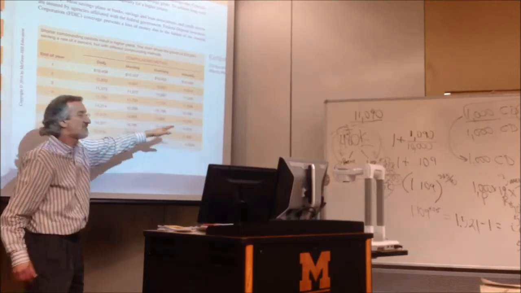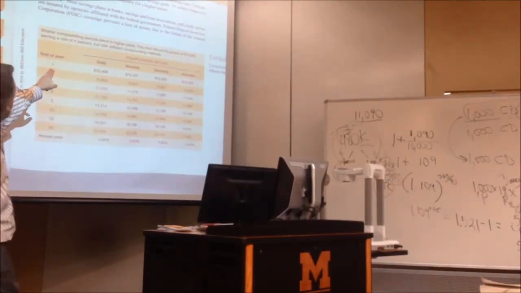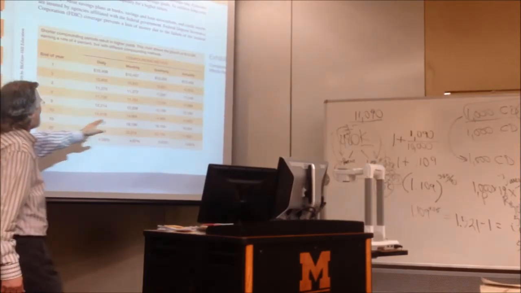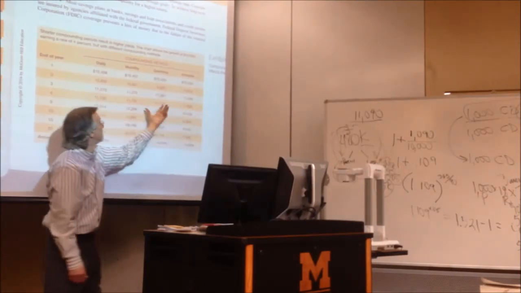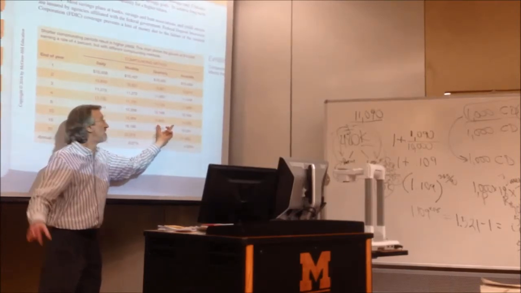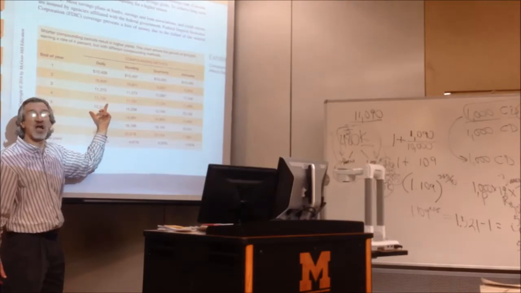Every one of these different investments are offering 4% interest, but there's 4 different compounding methods. This one compounds annually at the end of the year. This one compounds quarterly, every 3 months. This one compounds monthly, 12 times a year, and this one compounds daily.